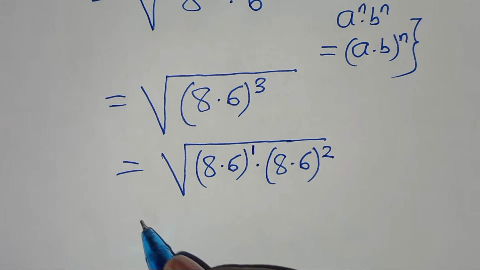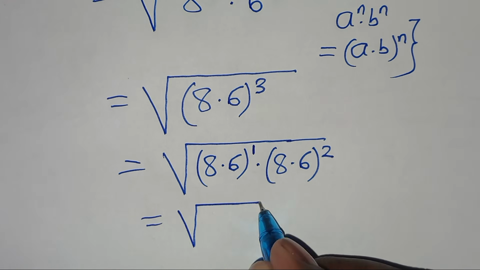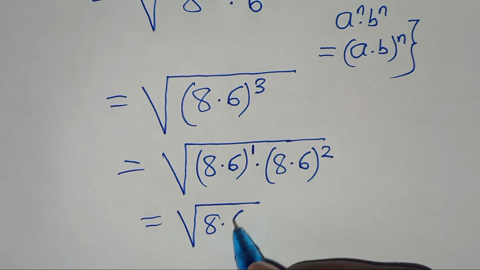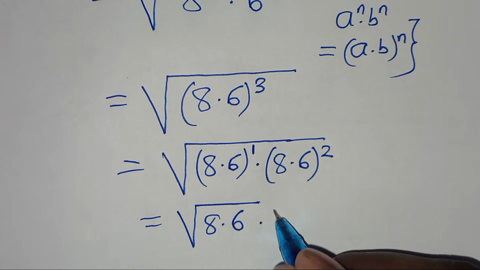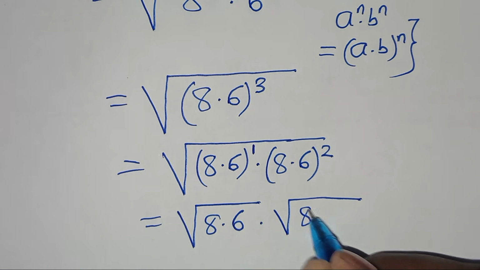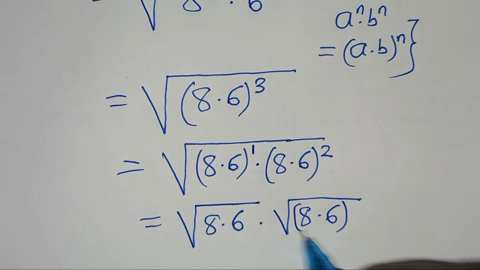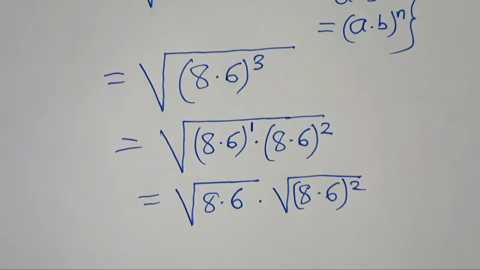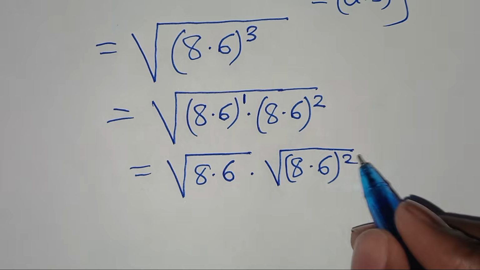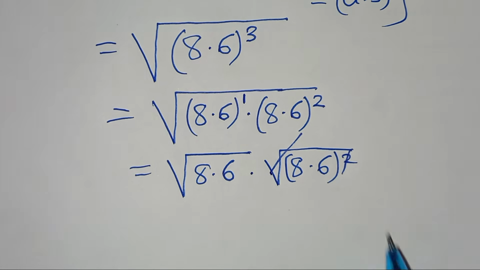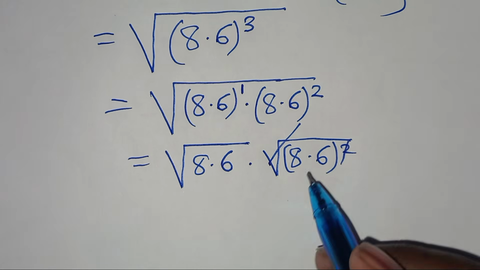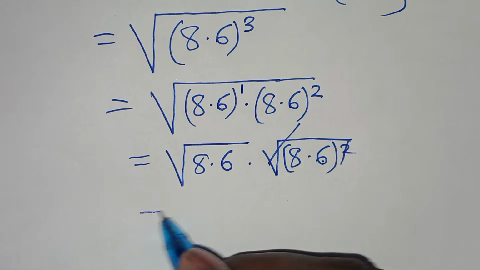So this means that now we have the square root of 8 times 6, then times the square root of 8 times 6 raised to the power of 2. Now we can eliminate the square root sign here, so that now we have 8 times 6, which is equal to 48.